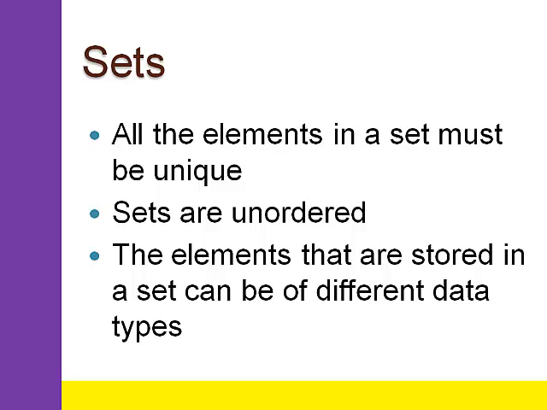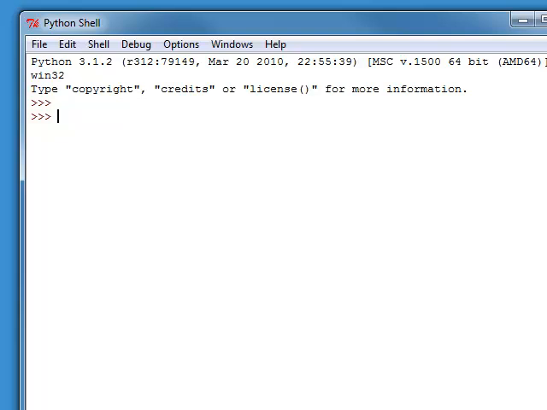Okay, well, let's look at some examples of how you create a set and store items in a set. The first technique that we'll look at is creating an empty set and then using the add method to add items to the set.